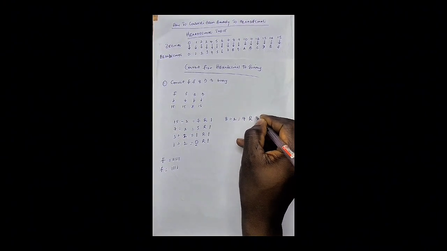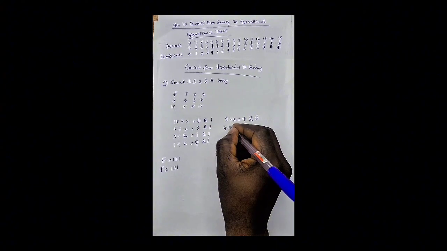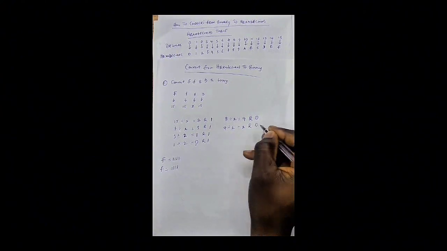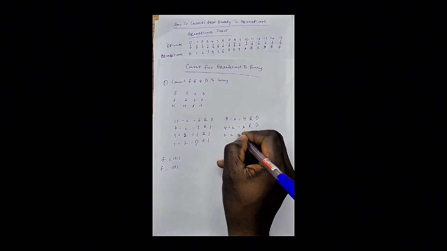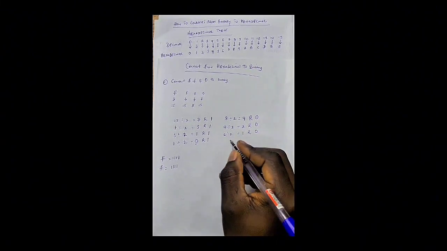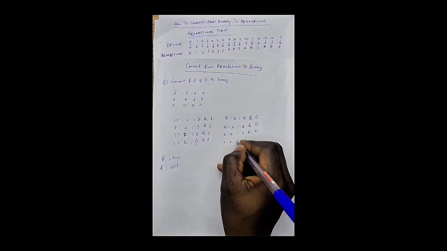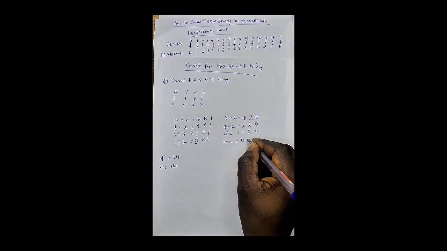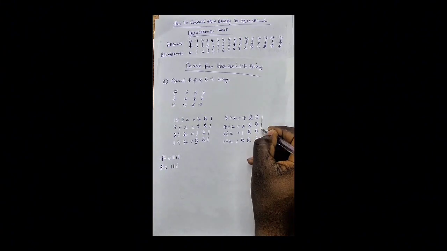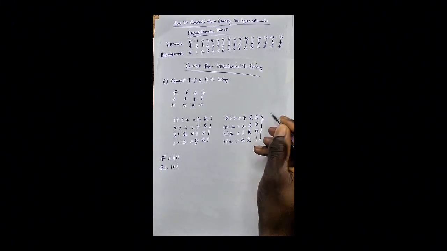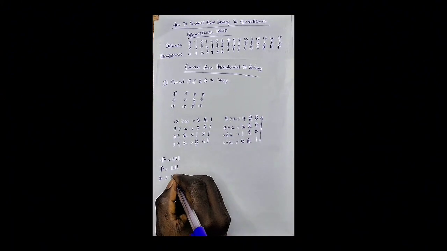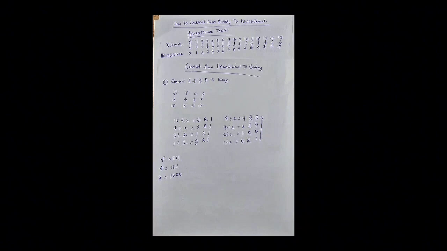There's no remainder, so you write 0. 4 divided by 2 will give us 2, no remainder, so you write 0. 2 divided by 2 will give us 1, no remainder, so you write 0. 1 divided by 2 will give us 0, with a remainder, so you write 1. Now don't forget, you always pick from bottom to top. So for 8 we have 1000.